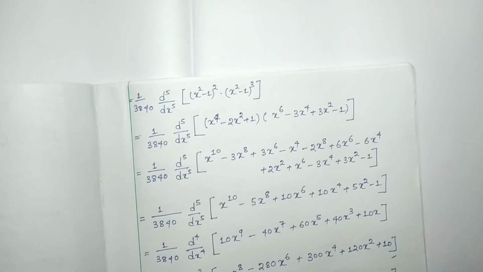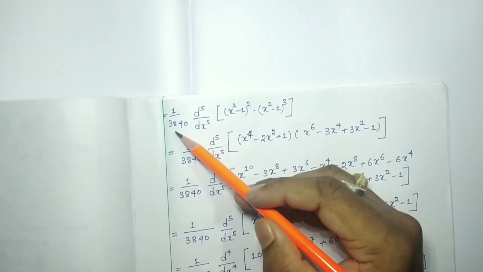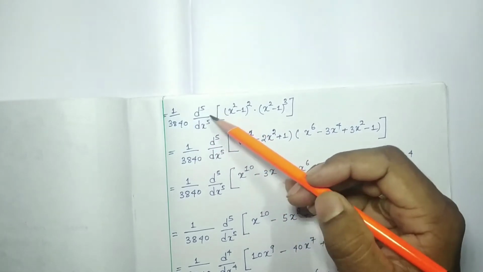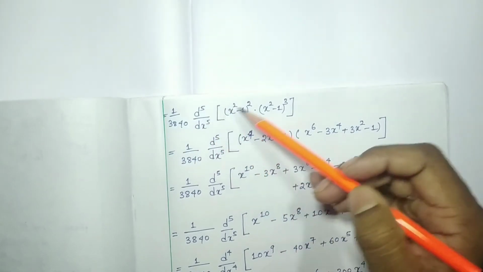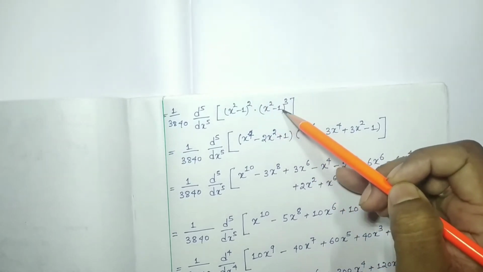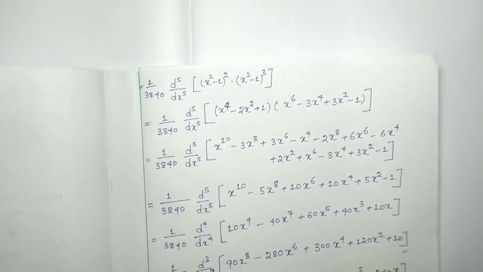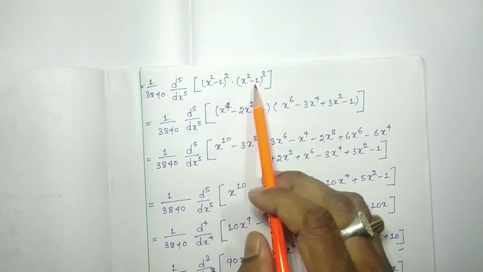I am going to write the same thing once again on the next page: 1/3840 d^5/dx^5 of (x^2 - 1)^2 (x^2 - 1)^3. So first we have to multiply this.